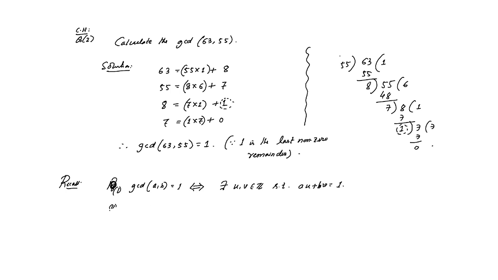Similarly, GCD of a, b equals some d if and only if there exist integers u, v belonging to Z such that au plus bv equals d. So by using this recall, we must express the GCD in the form au plus bv if the GCD is d.